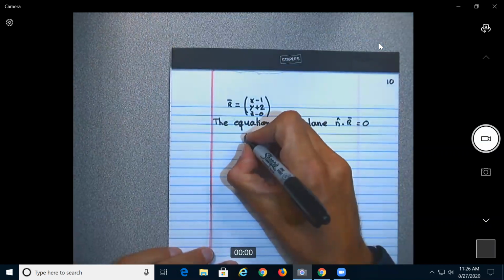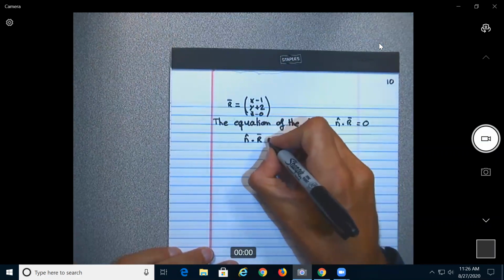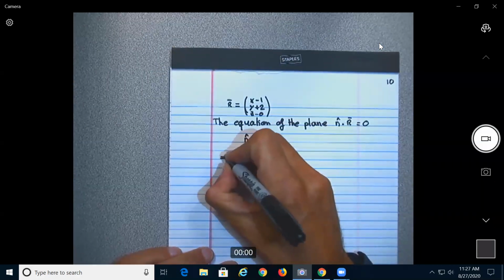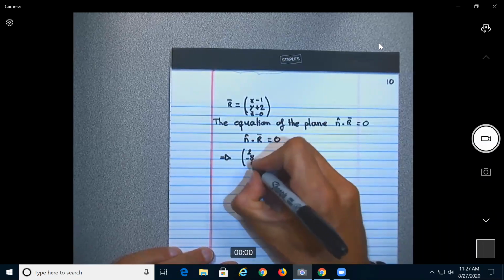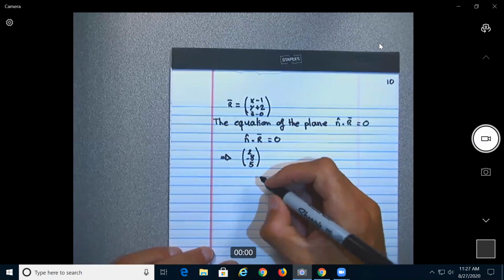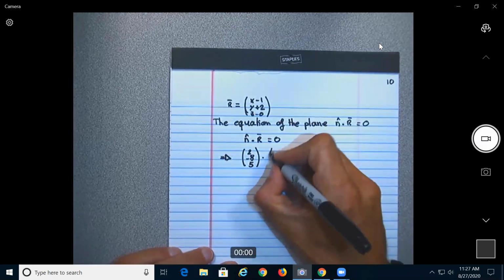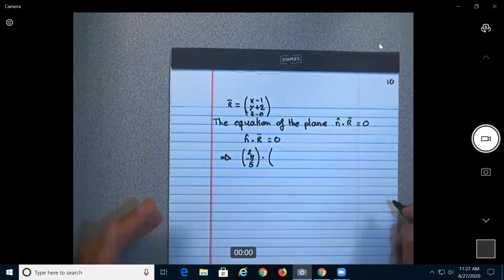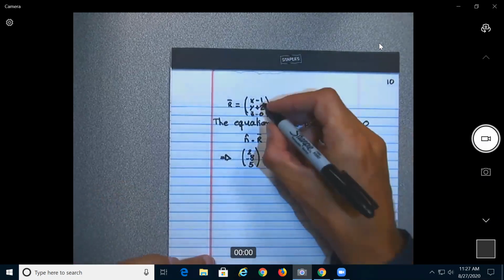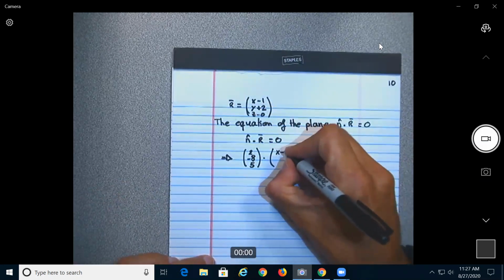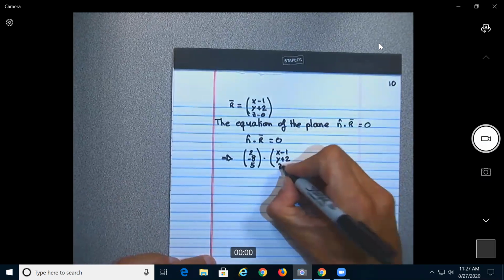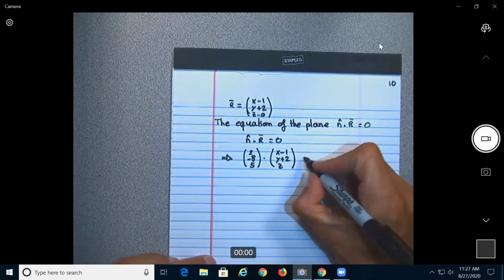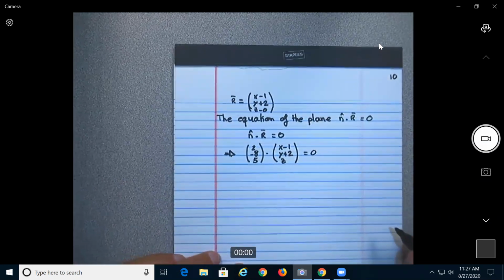So n dot r equal to 0 will give you (2, -8, 5) times r, which is from point P to a relative point. You could do Q to a relative point. R is right here, so it's (x - 1, y + 2, z). This should be equal to 0.